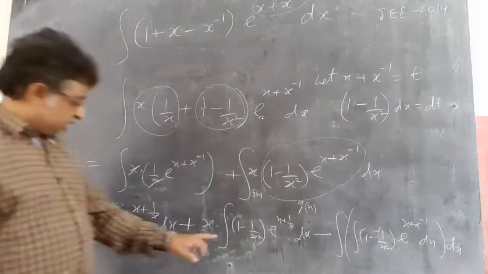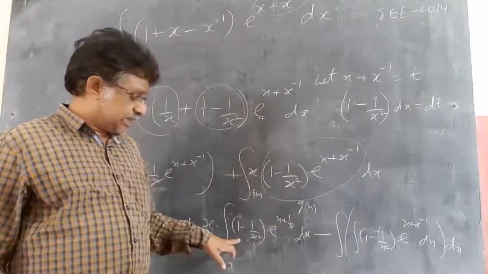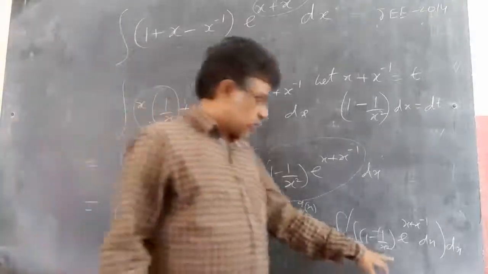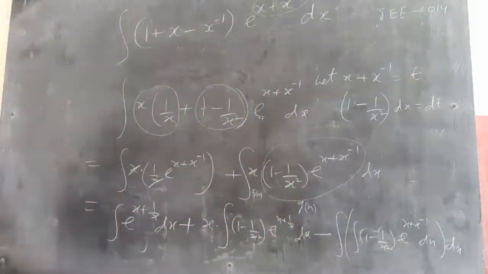Now for this part, if x plus 1 by x is t, this becomes dt. Here also this is t, this is dt.